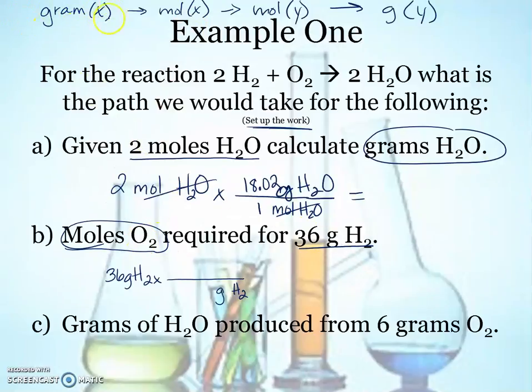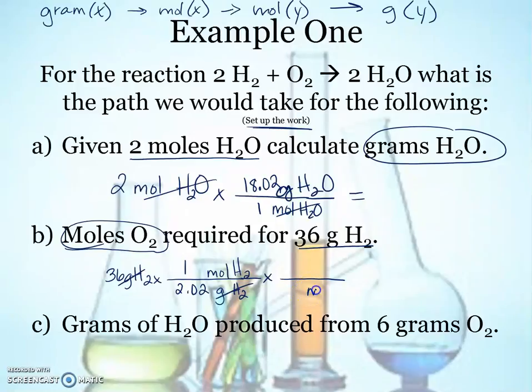So we're starting at grams of X, and we're going to end up at moles of Y. There's a path that we're following. We've got to go from grams of hydrogen to moles of hydrogen. This would be 1 and this would be 2.02. Grams of hydrogen cancel, but we're not done.